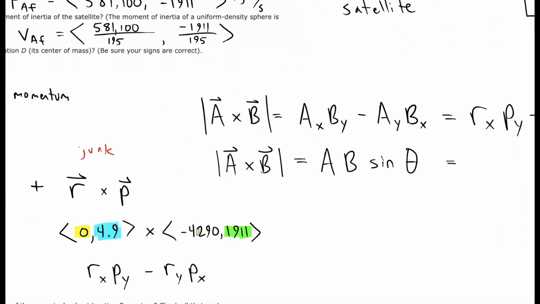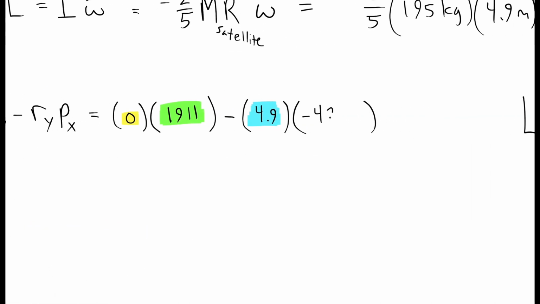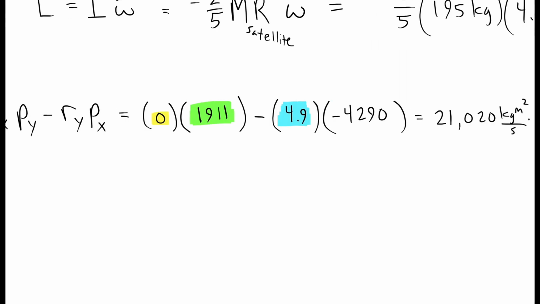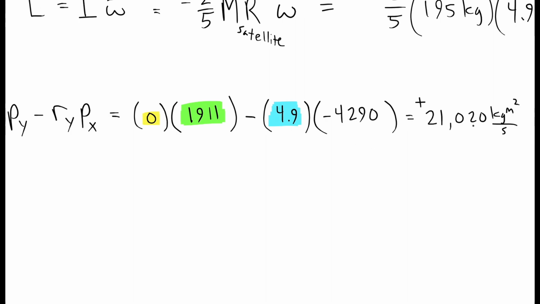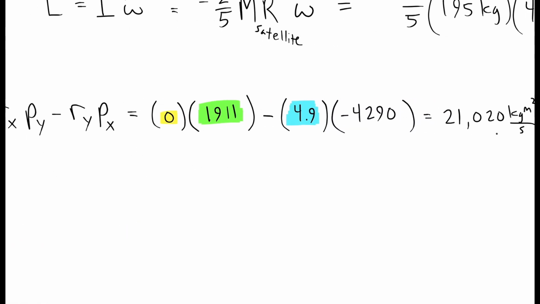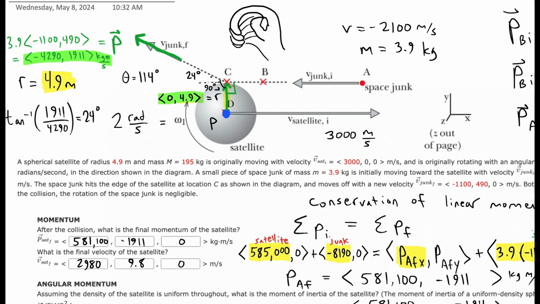And then Px will be the negative 4290. So it's about 21,000. It will be positive. And this angular momentum would be positive because the space junk is rotating in such a way that it's thought to be going counterclockwise relative to point P.